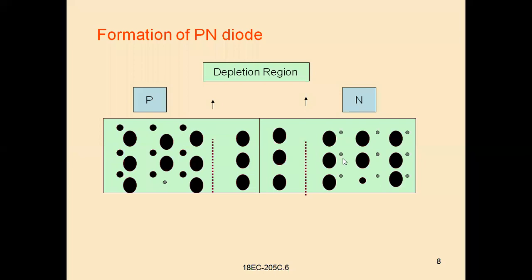The electrons try to attract the holes, whereas the holes are going to try to attract the electrons. And the respective majority charge carriers in N type and P type are going to try to move towards the junction, and they are going to form the depletion layer where you are going to observe the electron hole pairs.